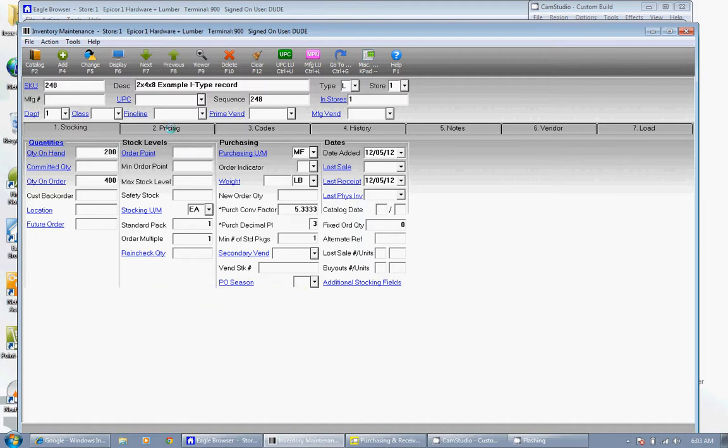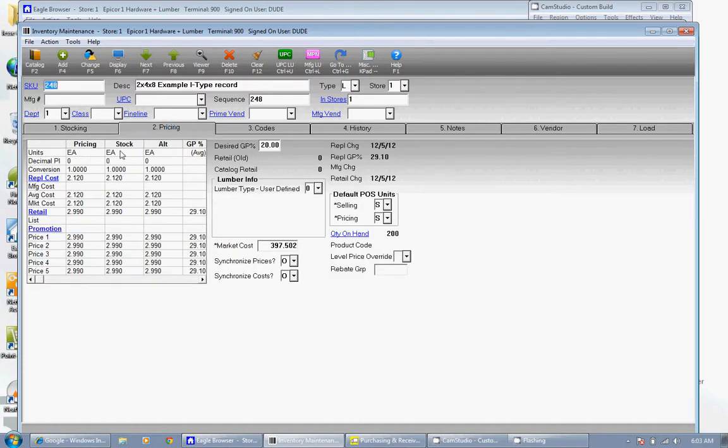All right, looking back over to the pricing tab, I'm going to go ahead and fill out the dimensional lumber information so that it calculates the conversion factors here, which are strictly for information on the pricing tab.